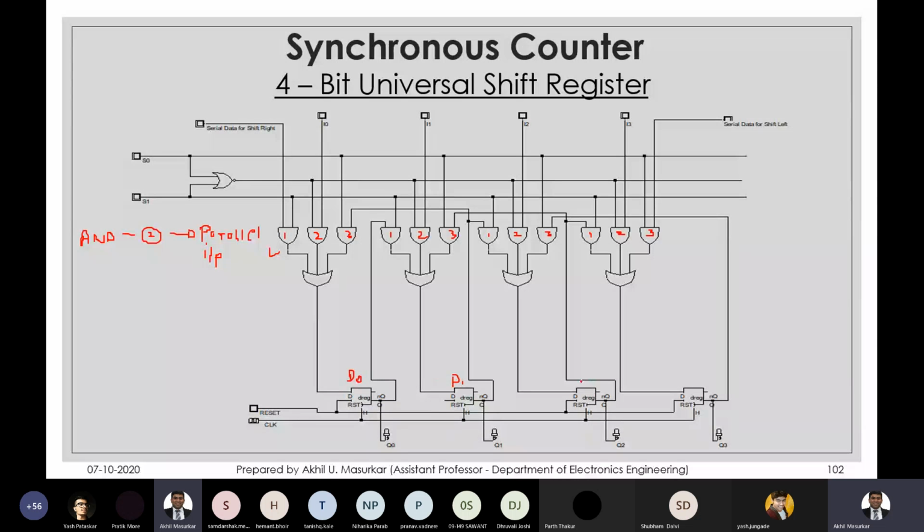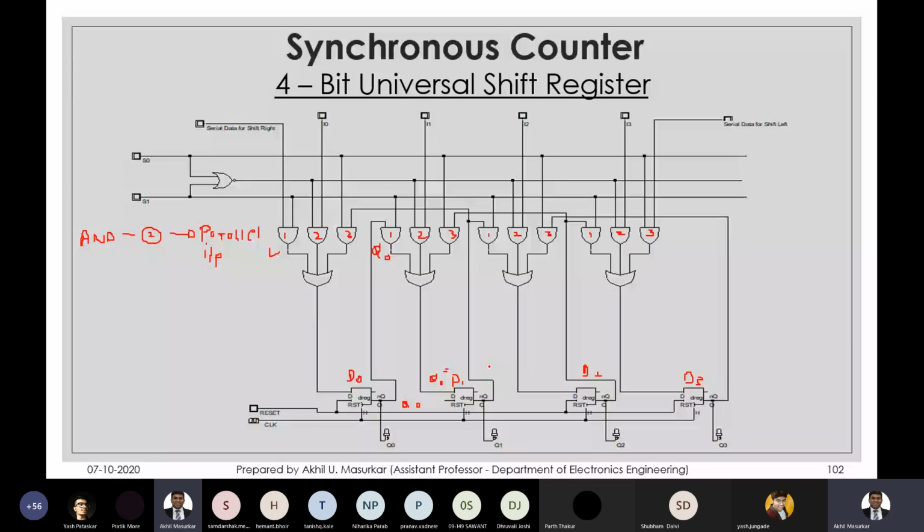This is D1, this is D2, and this is D3. D0 will give an output Q0, and Q0 would come here. The Q0 output will flow through this OR gate if I enable this, and it will go to D1.